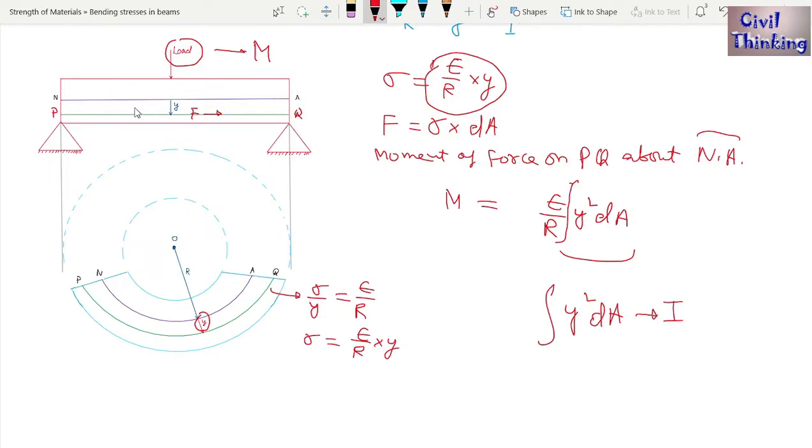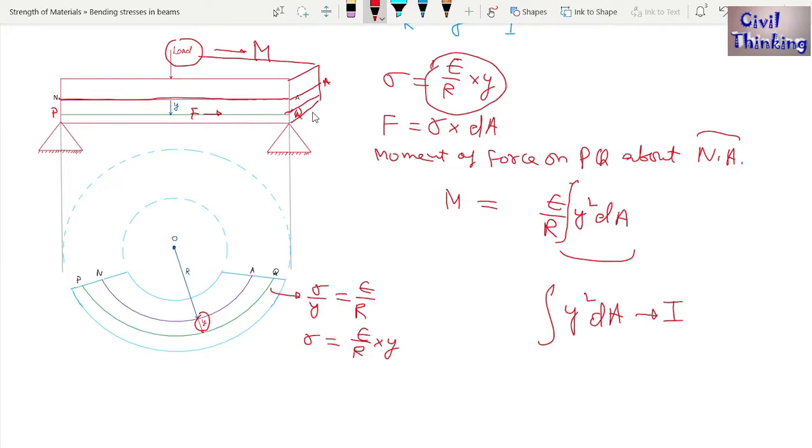Now you can see here, this is the beam, and let's assume it has a rectangular section, something like this. Now this is the neutral axis. Of course it will be like this. This is also the neutral axis, right? Now here is the layer PQ, so it is going to extend in the cross section like this.